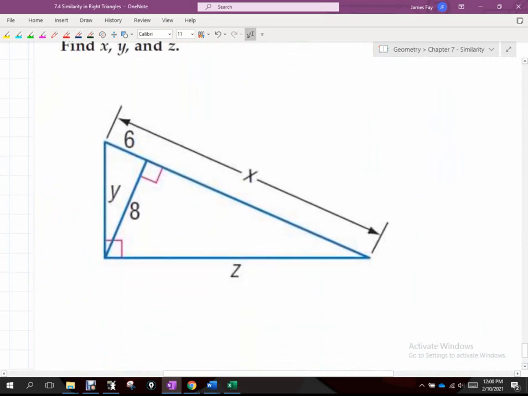Okay. We'll scroll down here. This is the last one I want to do from the notes. It gets a lot more difficult, okay? And it's probably due to the way that some of these questions have been designed so far, they've been designed so that we understand what we're doing and understand the procedure of how to set up the proportions.